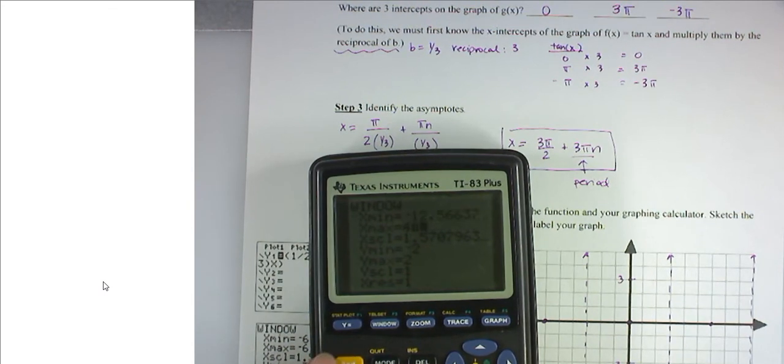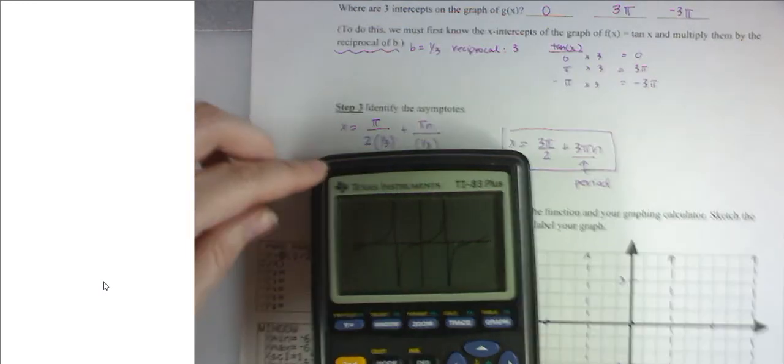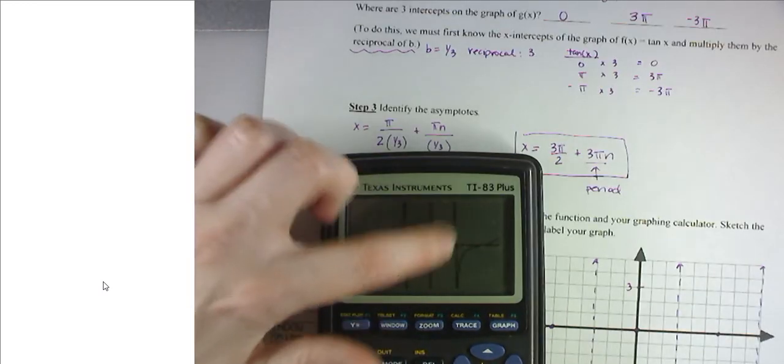Oh, my calculator is a little bit older, and if you have the TI-83, they actually put in the asymptotes for you. If you have one of the newer ones, you won't see that.